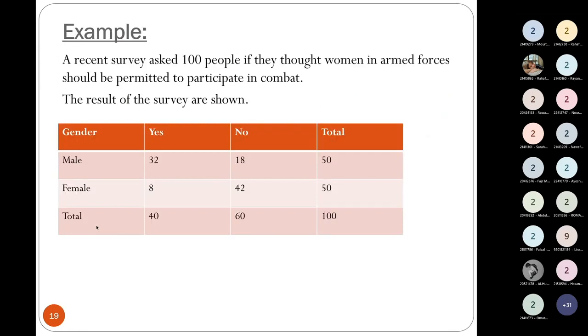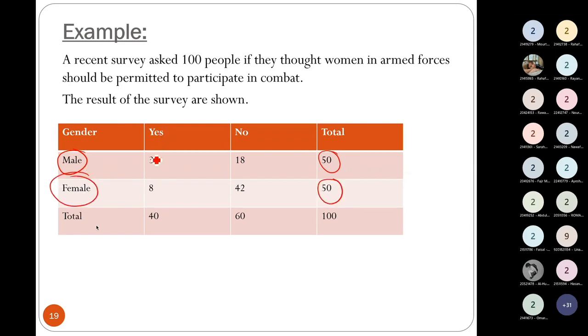Look at this table. We have a survey of 100 people, male and female, asking whether the armed forces should be permitted to participate in combat, yes or no. We have 50 male and 50 female.